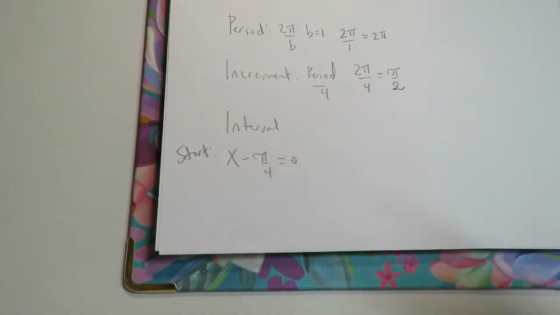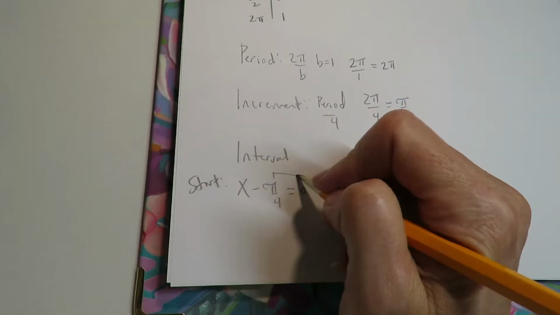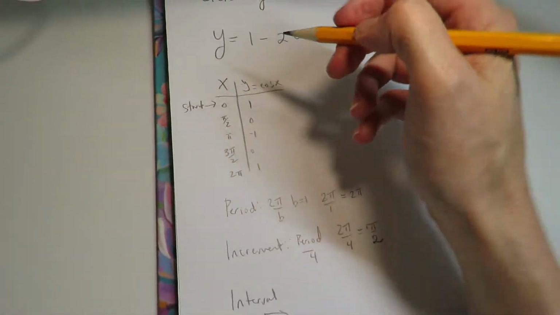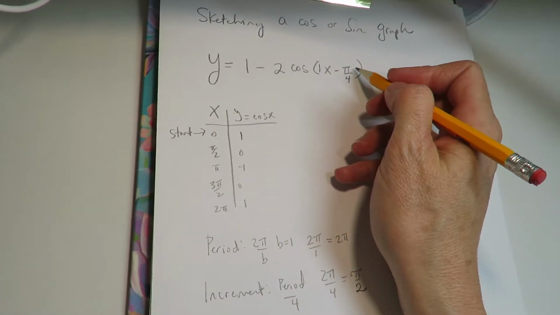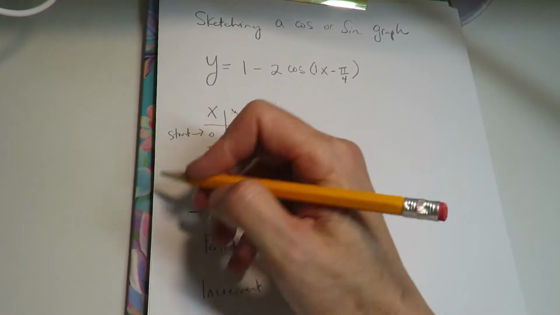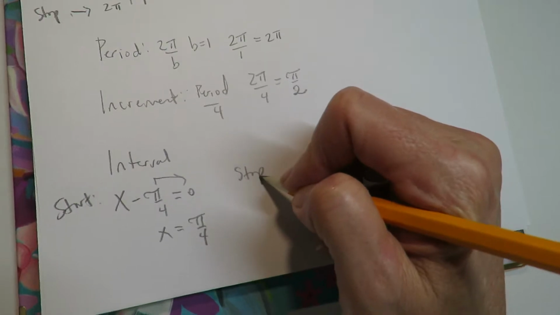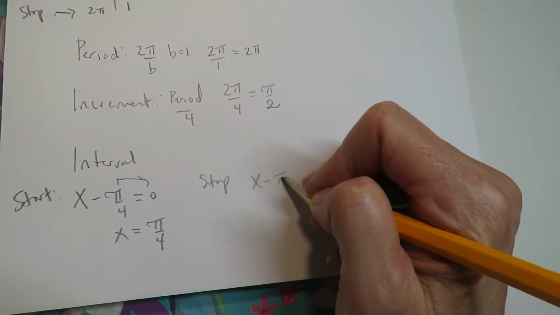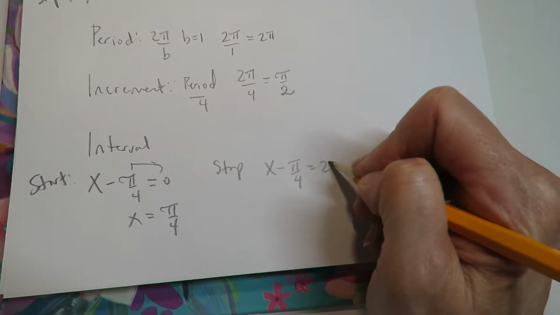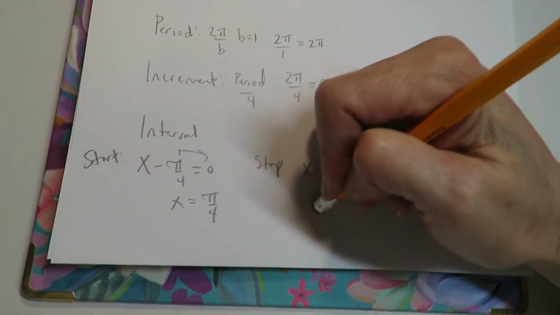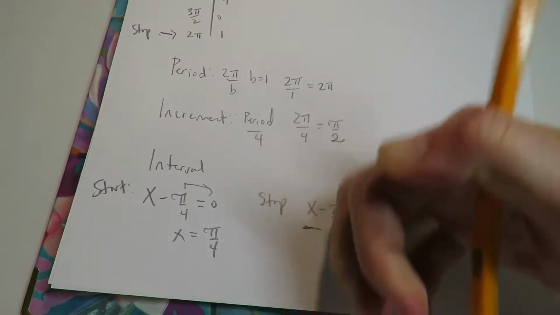And now you can see when we re-index the x value, we're going to start at pi over 4. And then we would usually stop at 2 pi. And we have to move the pi over 4 to the other side.